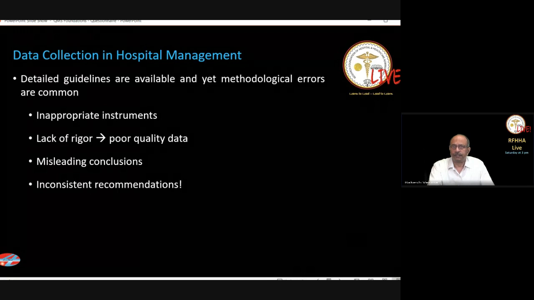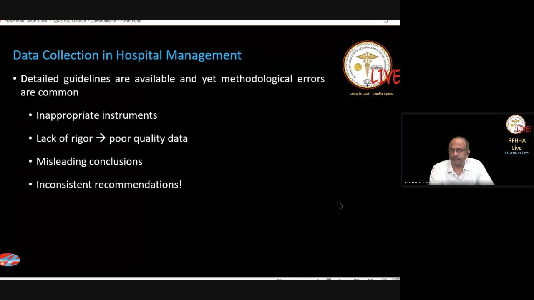Now, there are detailed guidelines already available about making a questionnaire, and yet there are many times serious errors in the method used for making a questionnaire, and in the resultant data. In my personal capacity, I also teach in Symbiosis University, in Chitkara and in IIHMR.